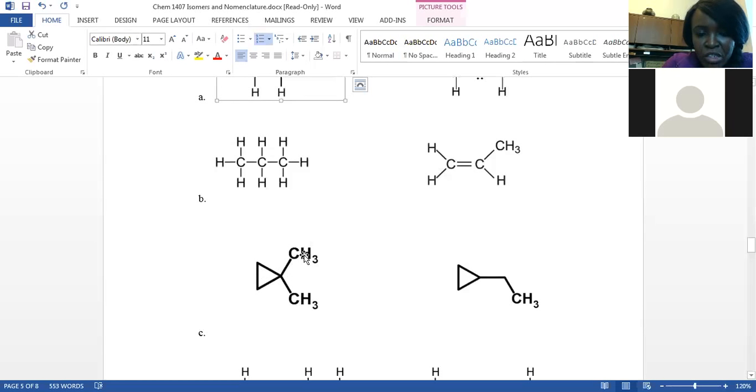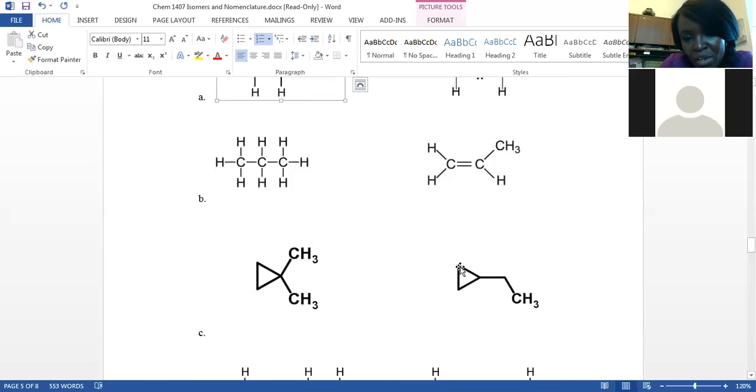With the hydrogens, you can see you have 6 hydrogens here, 6 hydrogens here. And then you have 2 that are missing here to give this carbon 4 bonds, and 2 that are missing here to give this carbon 4 bonds. So we have 8 hydrogens, so C5H8.